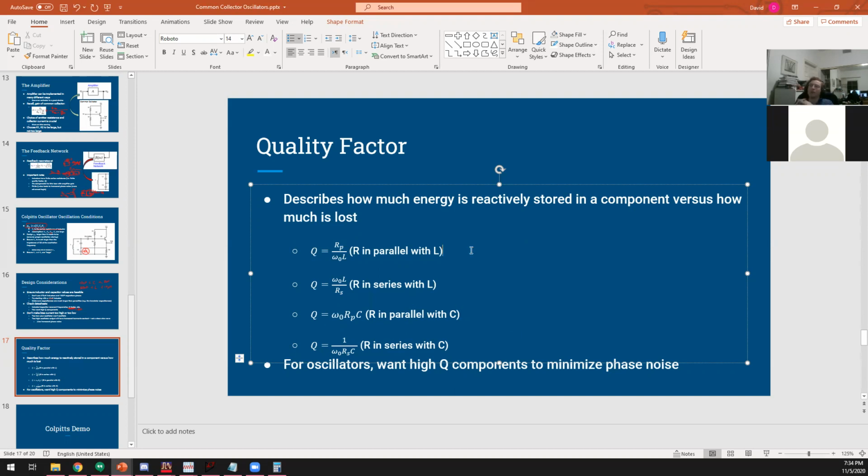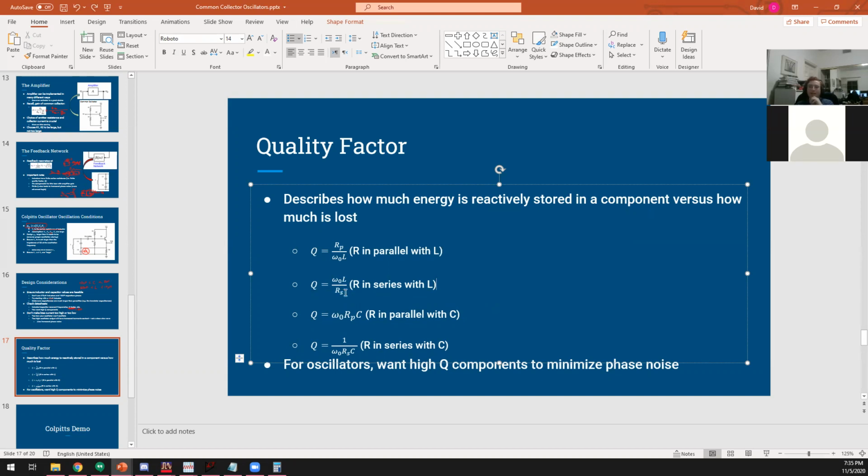But for inductors, when a manufacturer sells you an inductor, they'll say there's some quality factor with that inductor. And you'd use this equation to calculate the effective series resistance of that inductor. So you're kind of assuming there's a capacitor there.